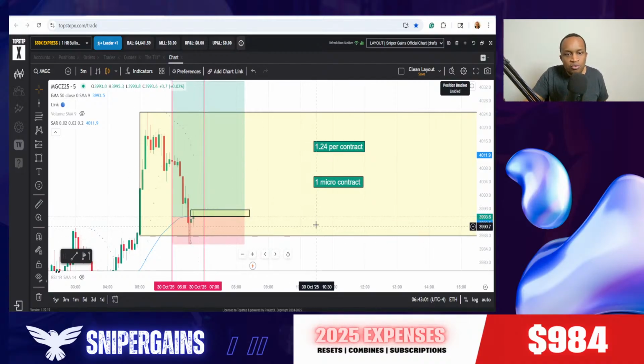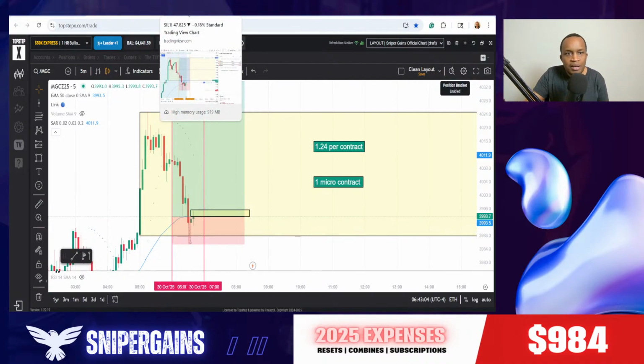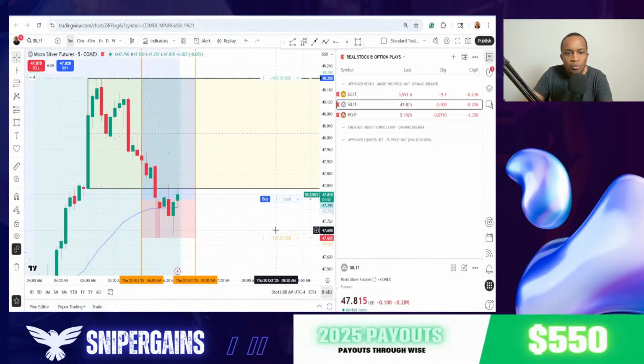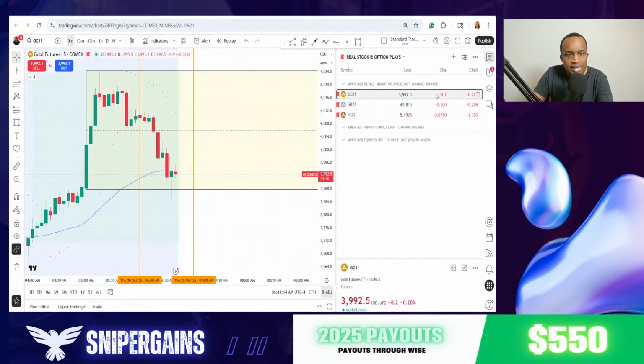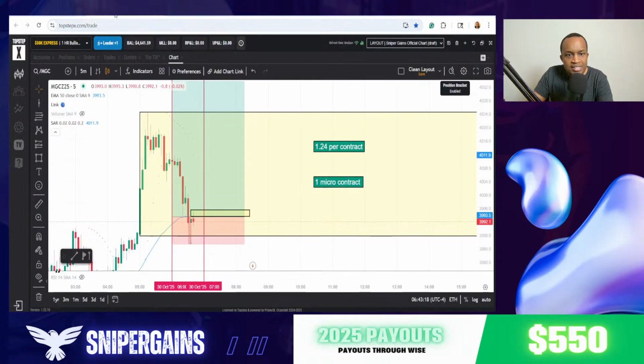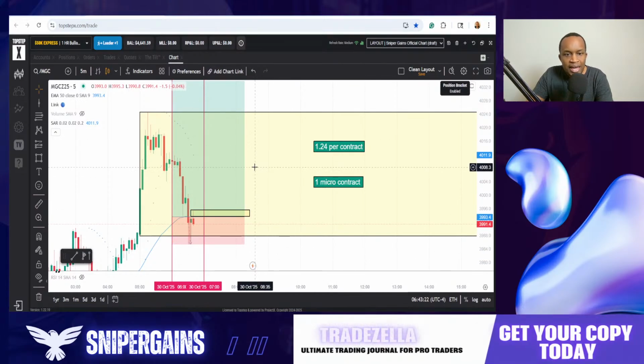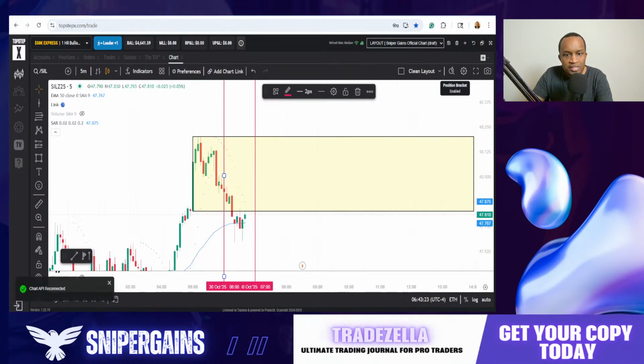But if this one doesn't form one, then I'm most likely going to go for SIL, which seems to probably be the one that I may have to use. So we'll see what happens with gold, because yes, it is pushing. So we'll see. Like I said, this is a very unique situation. So I have to kind of keep an eye on both of these.